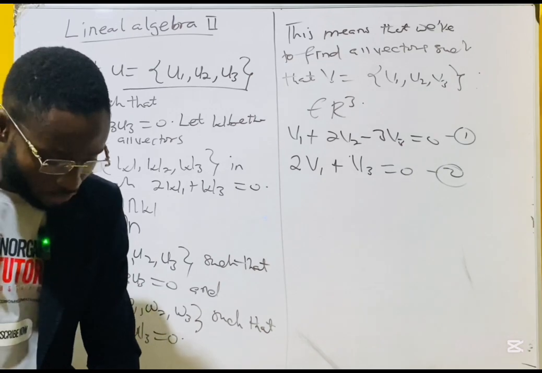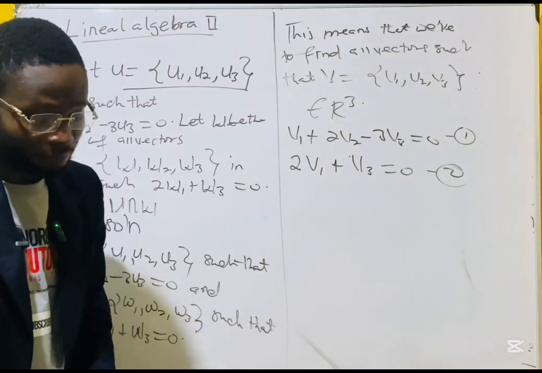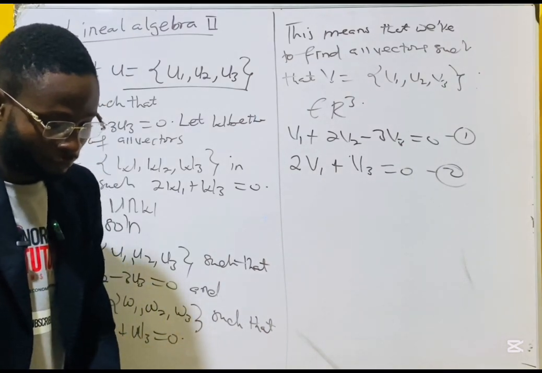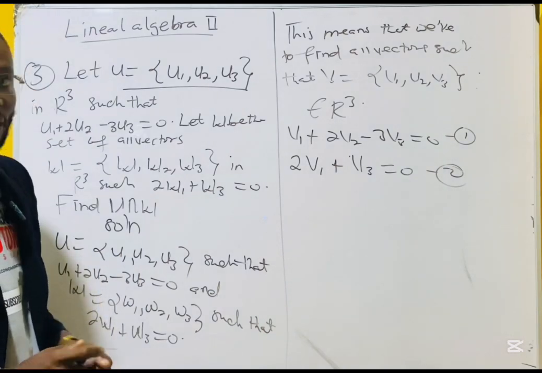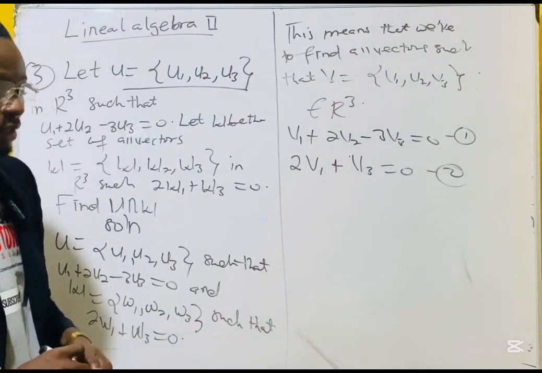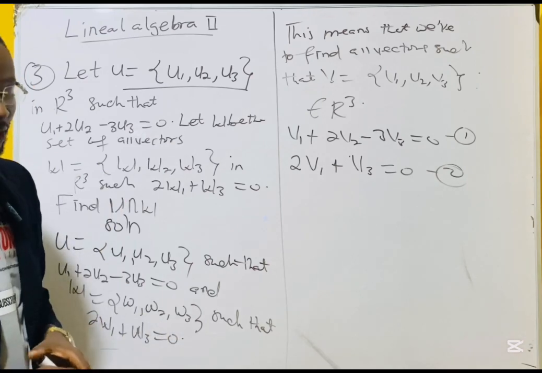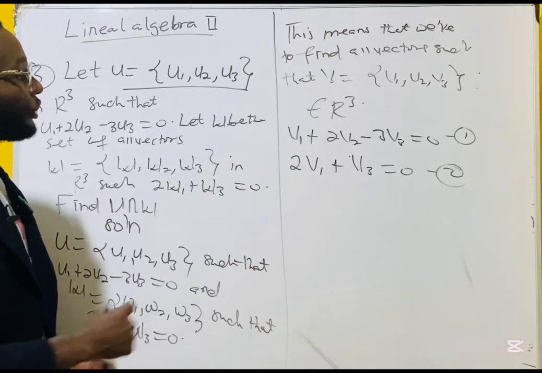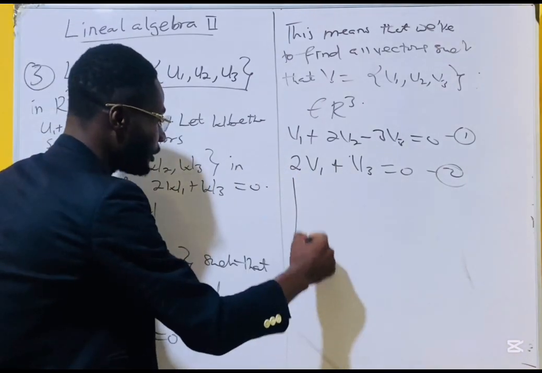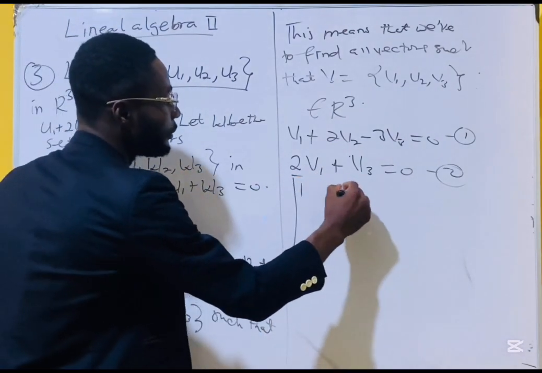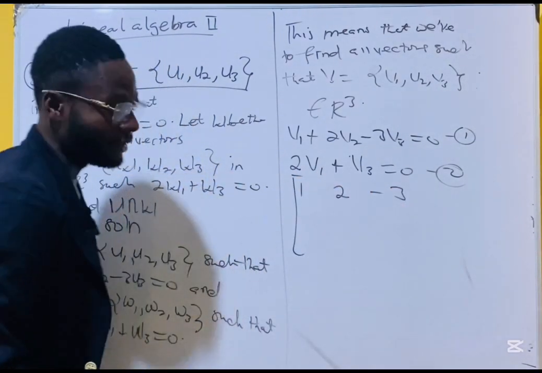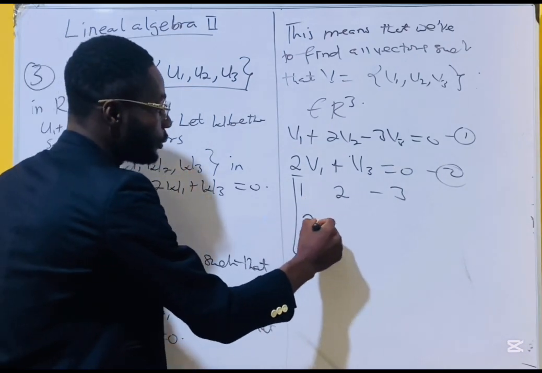So what we are going to do is apply the Gaussian elimination method, right? So here we represent this information in a matrix. We have 1, 2, and -3. Then we have 2.